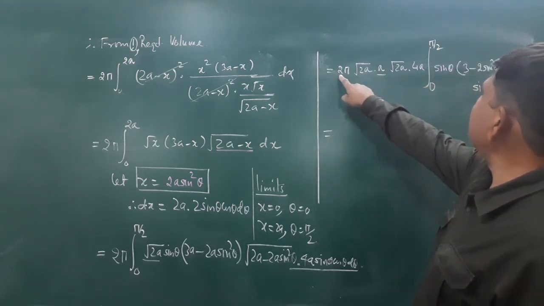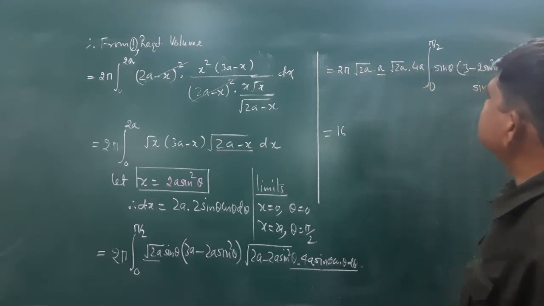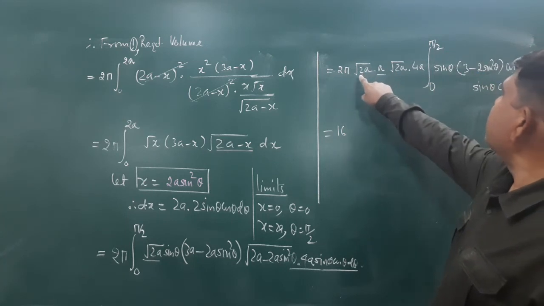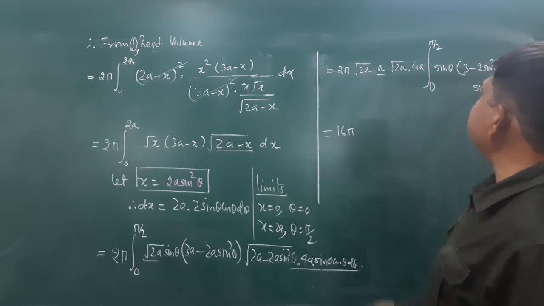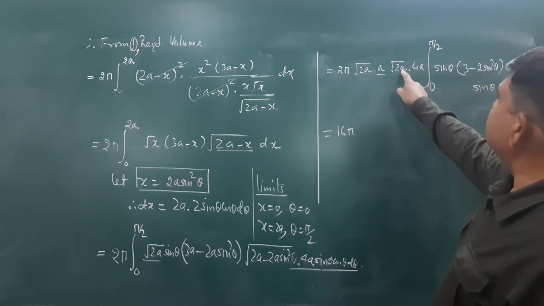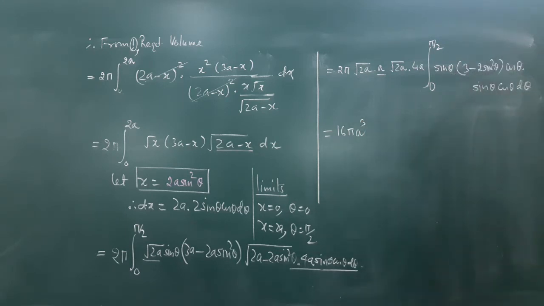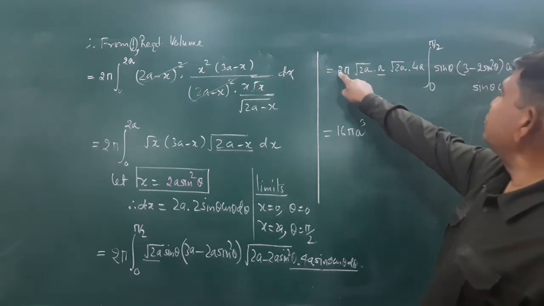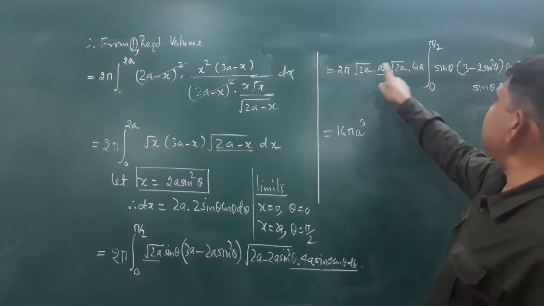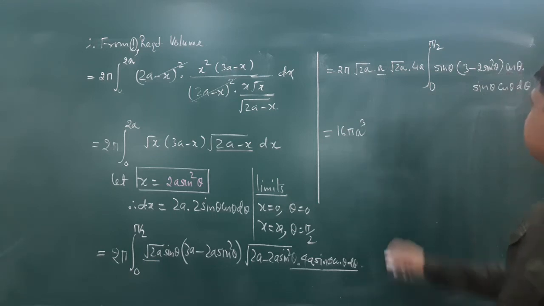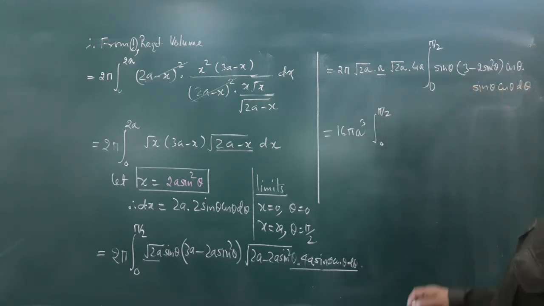Now this is 2 to the 4 to the 16. Root 2 into root 2 is 2, 4 to the 8 to the 16, then here it is pi. This is a, and here it is also a, so it is 16 pi a cubed, 0 to pi by 2.